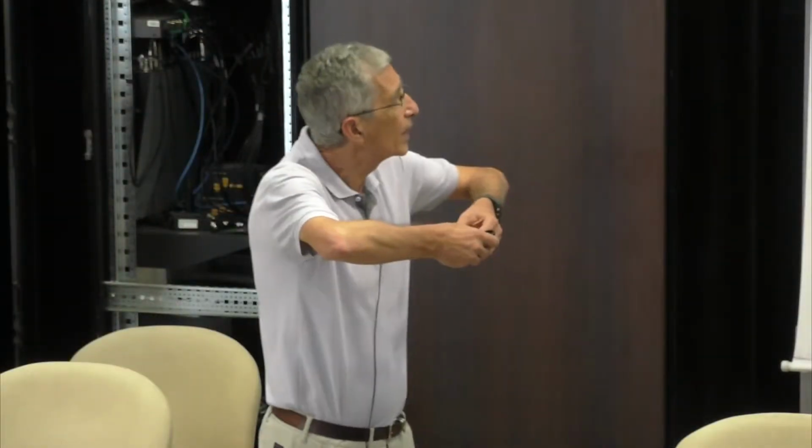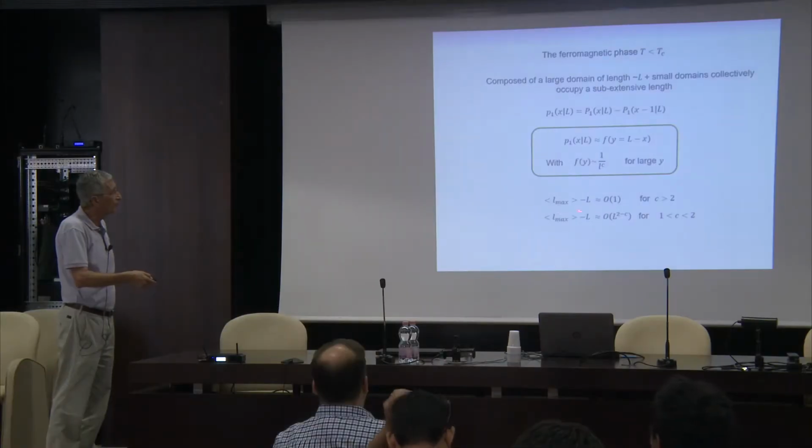So you have the average domain size. If you are below Tc, basically you have one domain. And there are little domains which are a little bit there, but their average size is of order 1, basically.